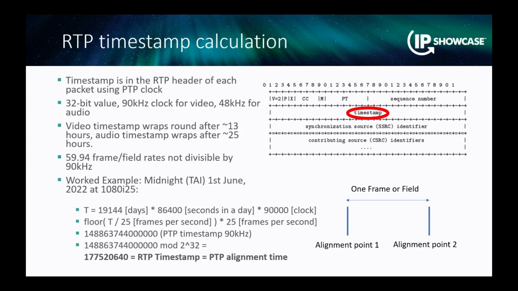This means the timestamp wraps after 13 hours for video and 25 hours for audio. That's a bit like an old-fashioned tachometer in your car that goes round and wraps around to 0 again. That's a big problem because you have to be very careful when you do calculations. Other challenges: when you have a 59.94 stream in the US, that's not divisible by 90 kilohertz, so you have to be really careful when implementing this.